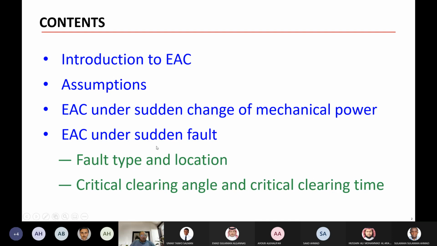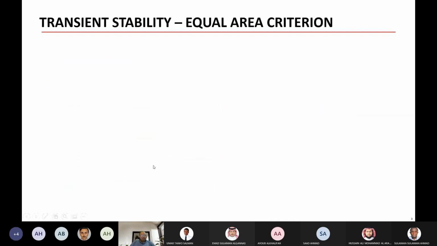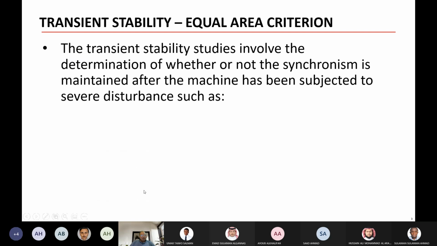Okay, so the transient stability studies involve the determination of whether or not synchronism is maintained after the machine has been subjected to a severe disturbance.